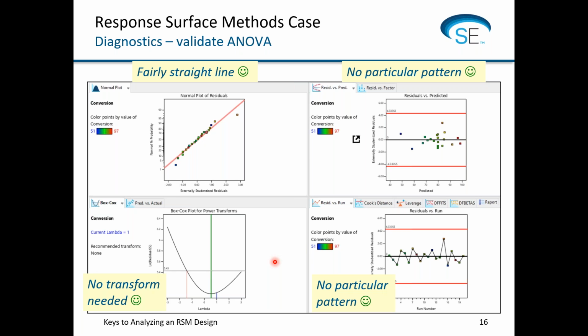Now, in the bottom right-hand corner is a set of influence graphs. Okay, so note that diagnostic graphs, the 4 we're looking at here, are used to validate the ANOVA. If there are problems with the graph, with outliers especially, then a second level of graphs is the influence graphs.